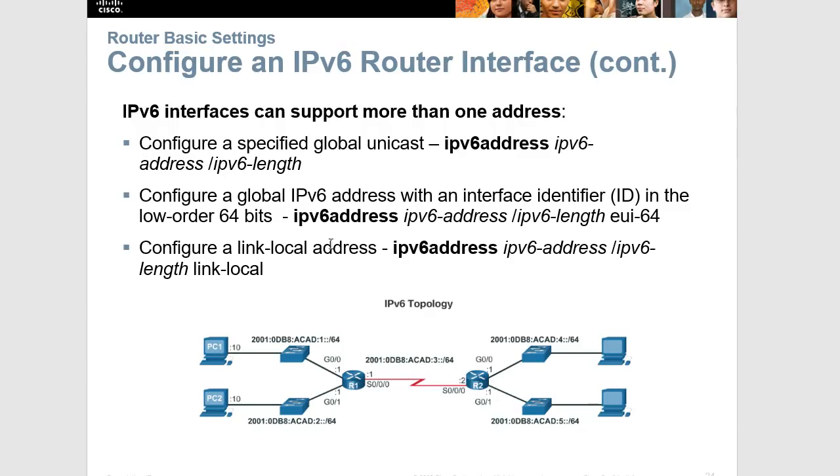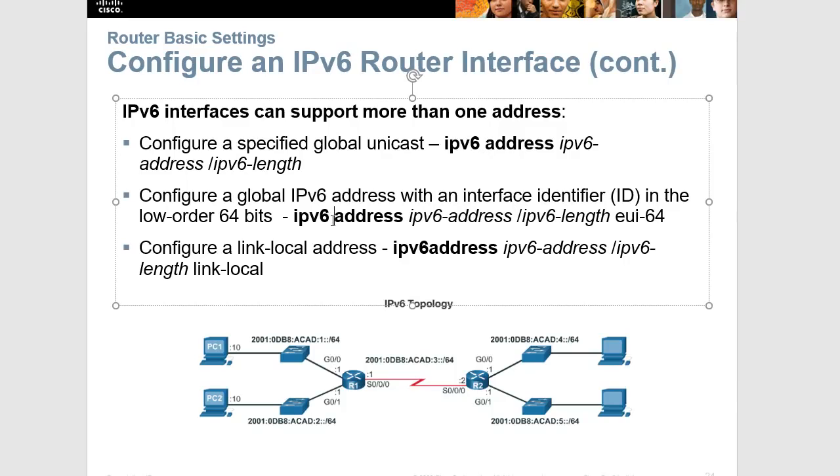I'm not sure why these commands are not spaced, because if you try to configure an IPv6 address without having a space between IPv6 and address, then you're going to run into problems. So I'll go ahead and add those in there. Also, this should probably be bolded because that's part of the link local creation. You type in ipv6 address and the address you want, slash the prefix at the end.